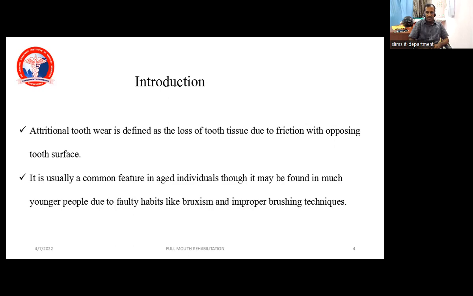But if you notice any occlusal wear or tooth wear in a younger individual, it can be due to bruxism, abnormal oral habits, parafunctional activities, and improper brushing techniques. These things form the major chunk of this pathological condition.